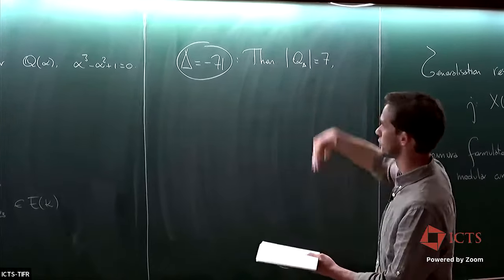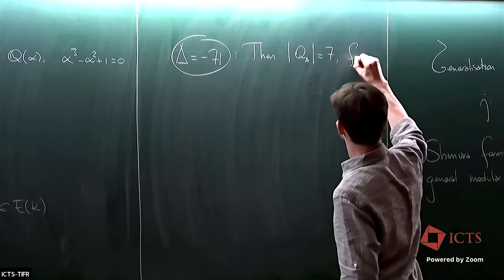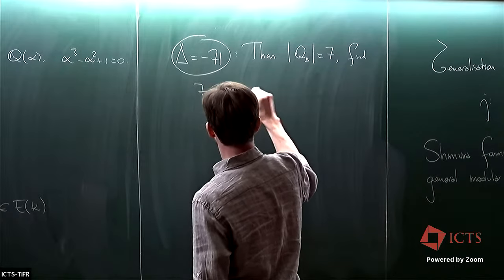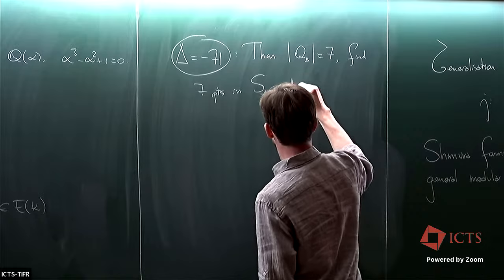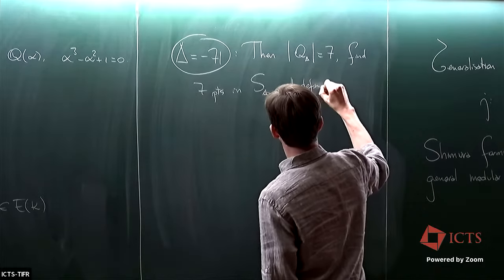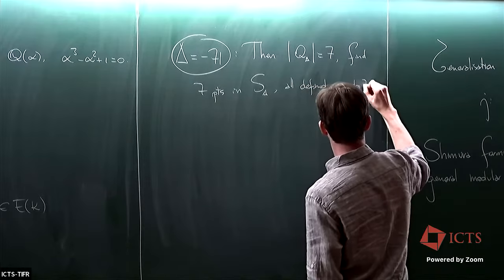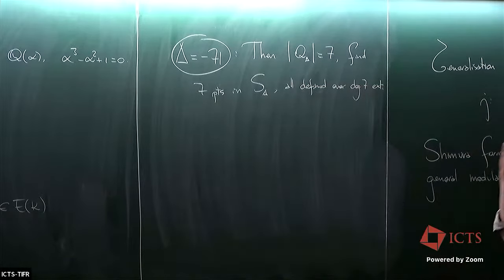They're all defined over some, what is that, Hilbert class field or something, of the number field K. We find 7 points in this set, and they're actually all defined over a degree 7 extension of K. And I'm not going to write them down.